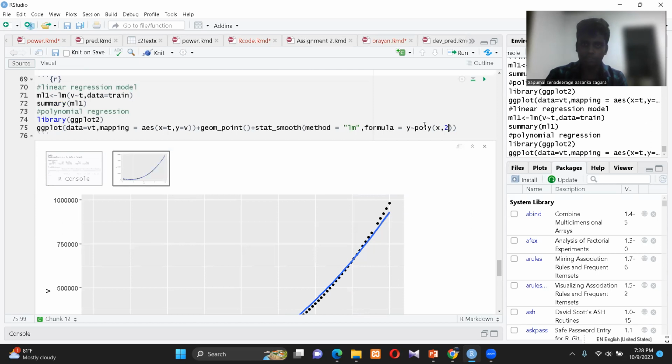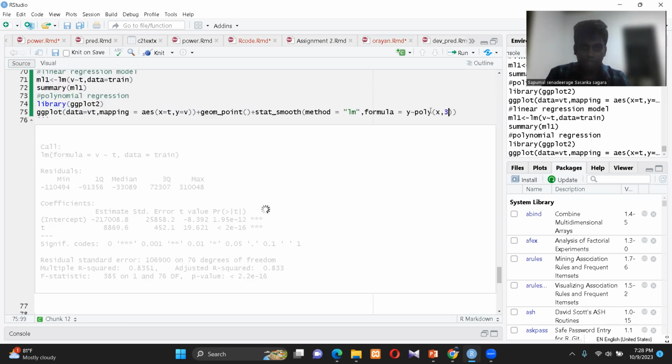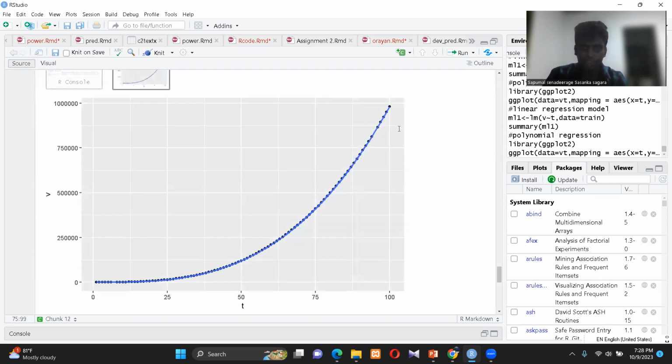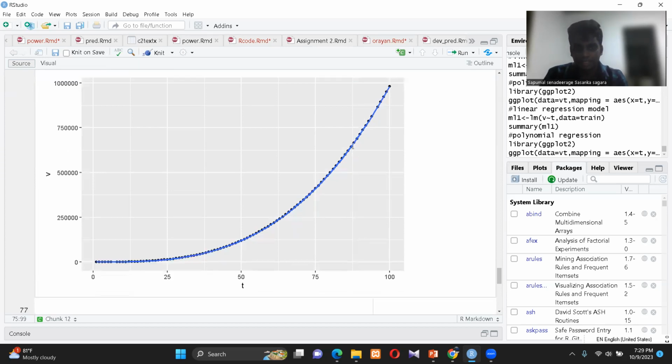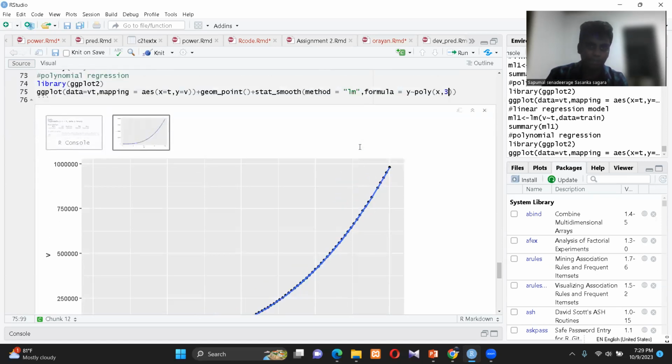We can go further. What about three? What about a cubic function, right? Yeah, it is fitted exactly, right? So it is fitted exactly. So hence I decide that this should be the better one, right?